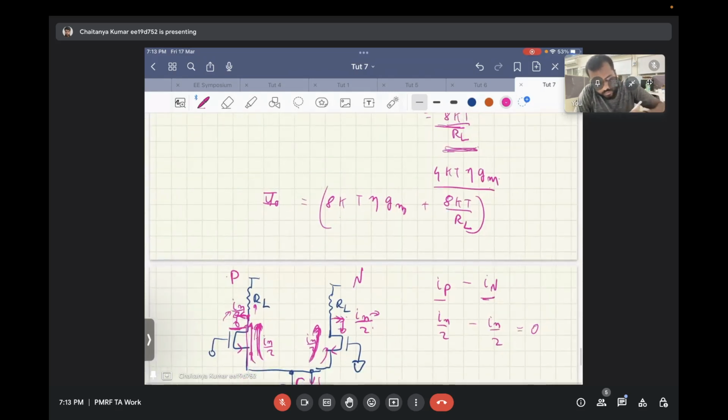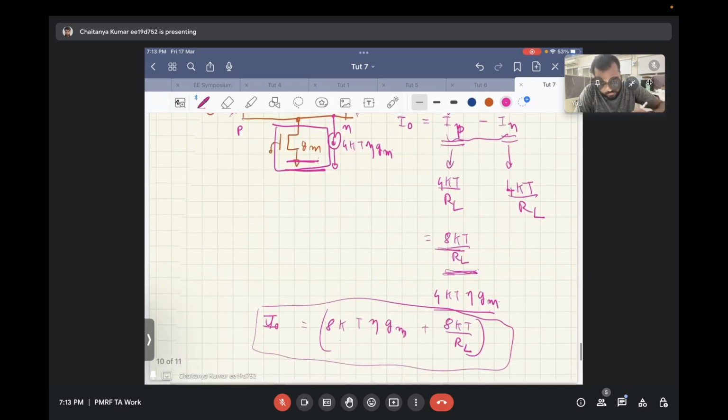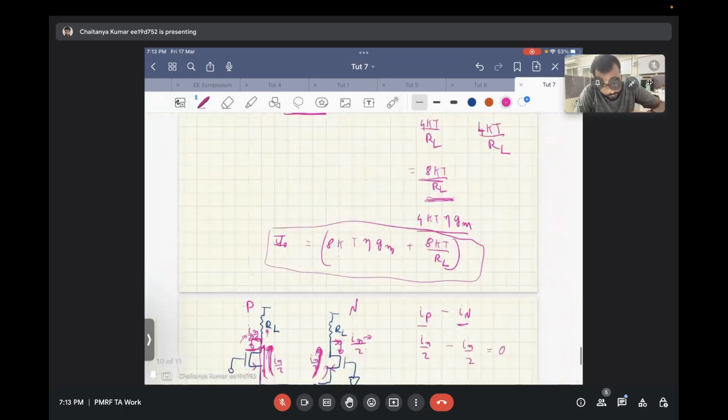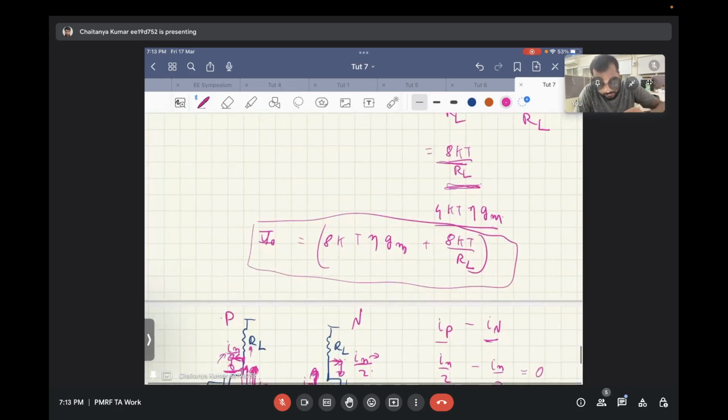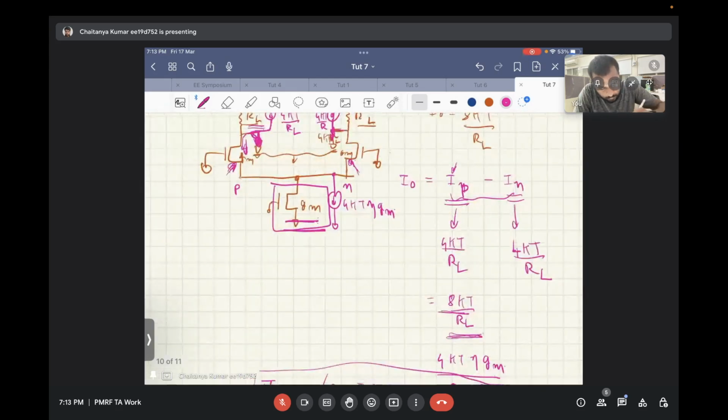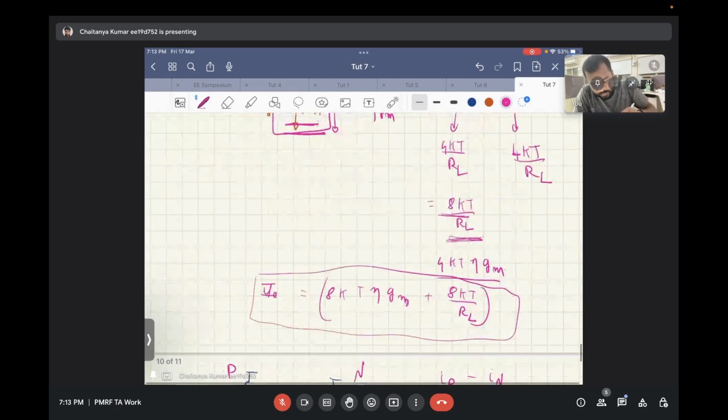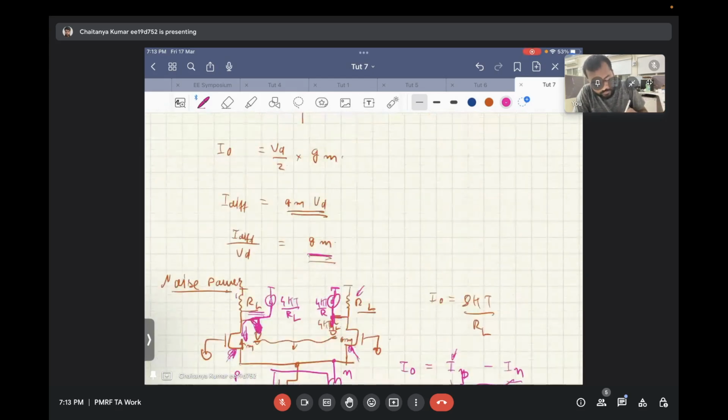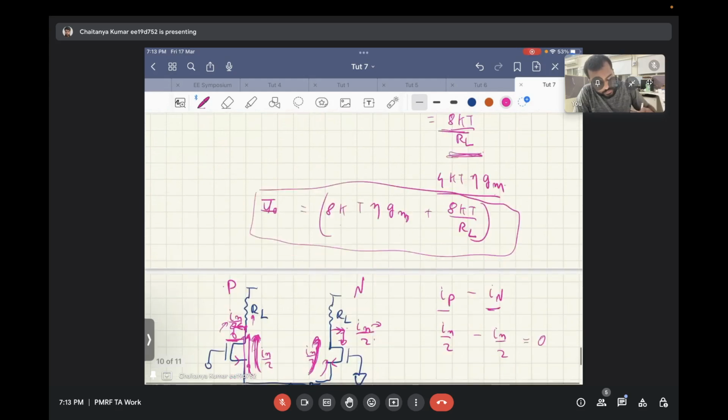Okay, so now you have the value of I naught square as 8 kT eta times gm plus 8 kT by RL. The transfer function we found from differential input to differential current is gm.